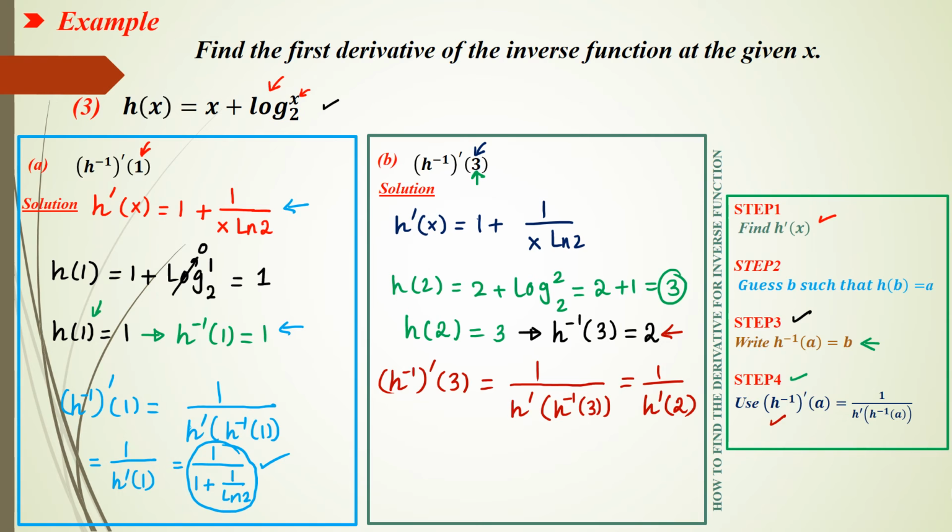H prime of 2, you have to replace it in the derivative function, and you will get the final answer. So h inverse prime of 3 equals 1 over, now replace 2 in the derivative function, and you will get 1 plus 2 ln 2, and this is the final answer, but you have to simplify it more. And this is question 3.